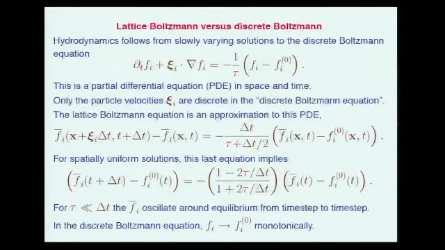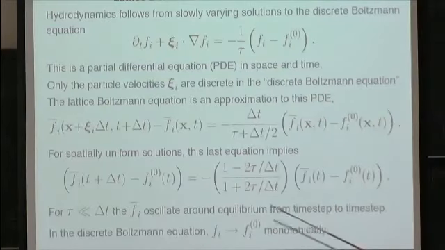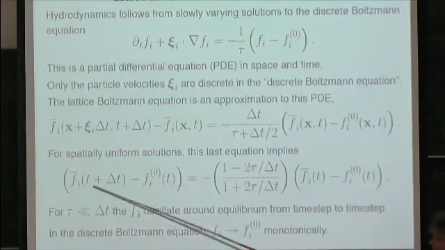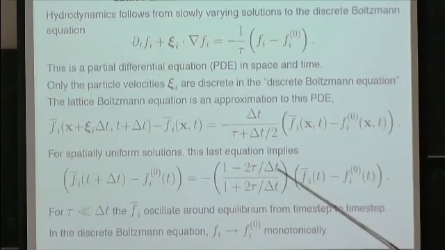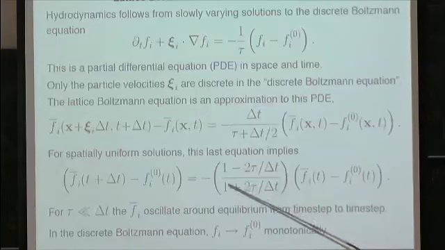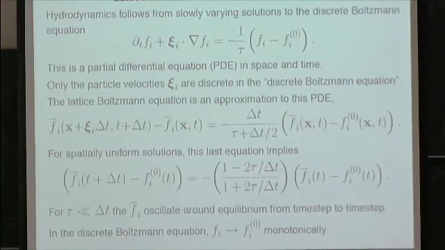But when I've discretized it, that's no longer true. So if I think about spatially uniform solutions, just to make life easier, I can rearrange it to show that f bar's difference from equilibrium is multiplied by this factor in a time step, and when tau is small, this factor gets close to -1. So rather than approaching equilibrium monotonically, you overshoot and oscillate around.